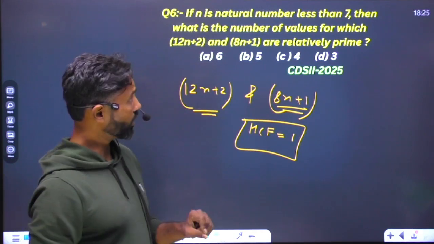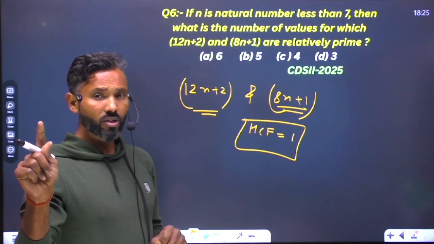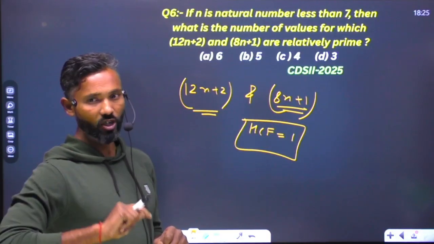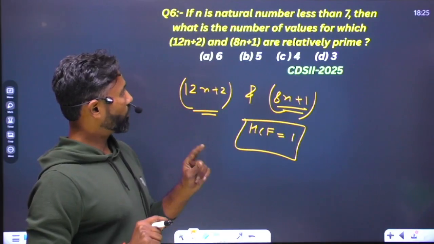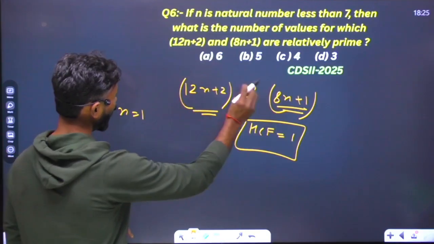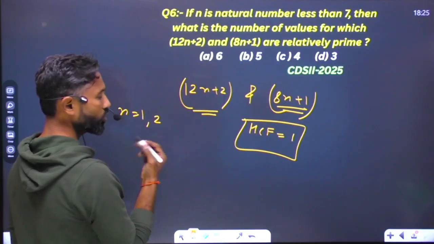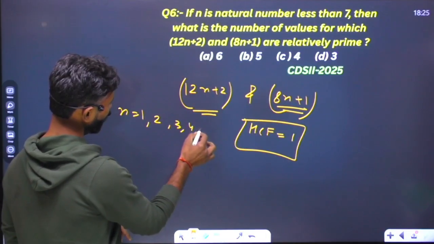Now in the question it is mentioned that n is less than 7 and n is a natural number. So firstly you are going to place n equal to 1, and you will get two relatively prime values, and again you will place 2, 3, 4, 5, 6.